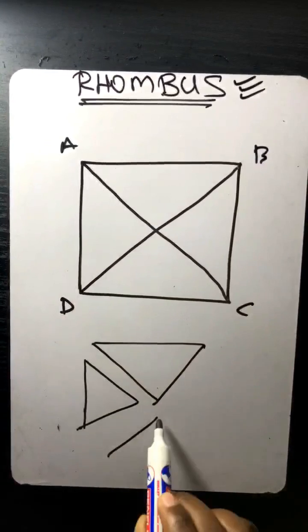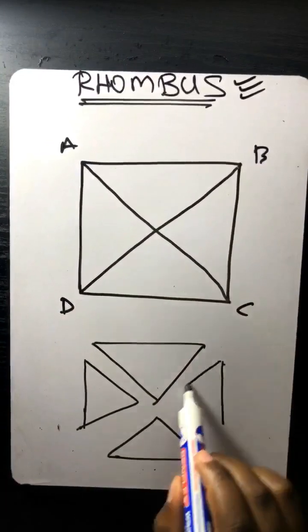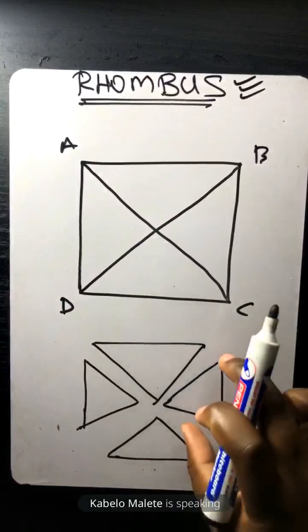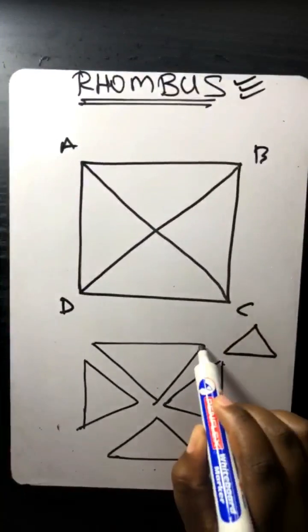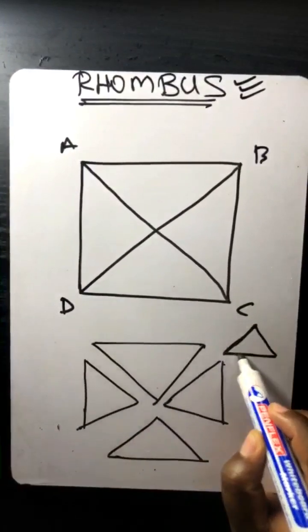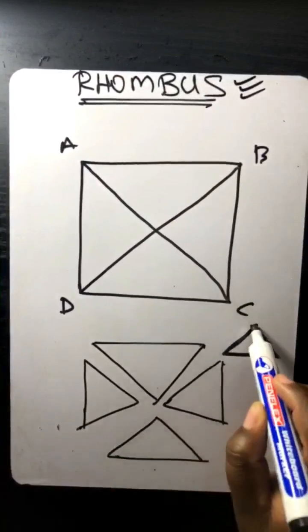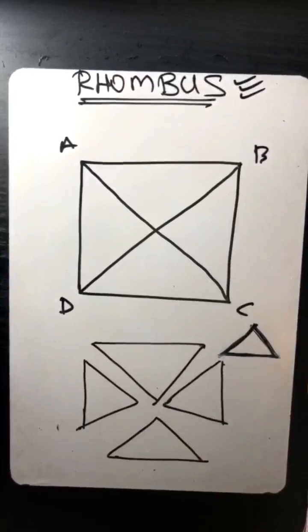Yes, sir. Continue. So you're saying if we put this and we put it there, and we also take this one, it's going to fit in there. This one is also going to fit in there. This one is also going to fit in there in the same size. Yes, I agree.